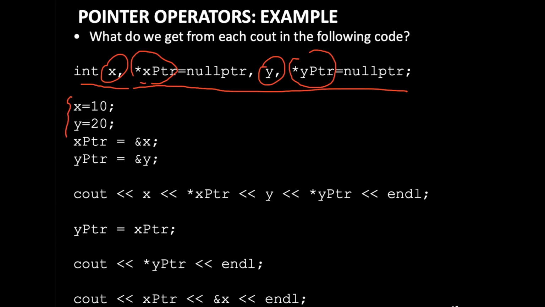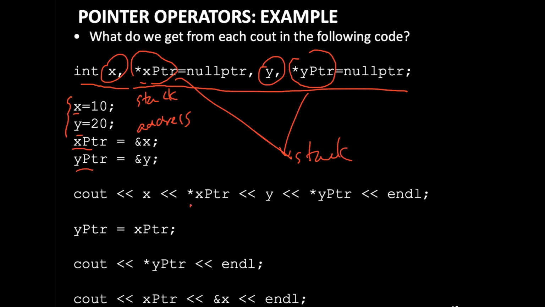The next 2 lines initialize both x and y to a value of 10 and 20, respectively. And then we assign xPtr and yPtr to the address of x and y, respectively. Note that because x and y have already been declared on the stack, we are able to fetch the memory address of x and y and store them in xPtr and yPtr. Both xPtr and yPtr are also located on the stack.